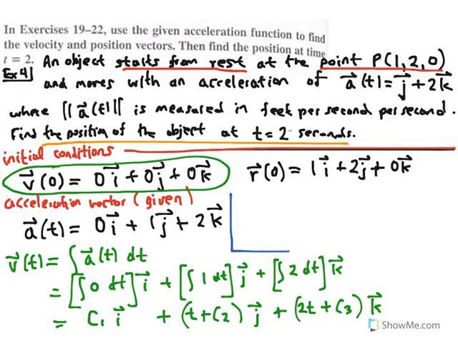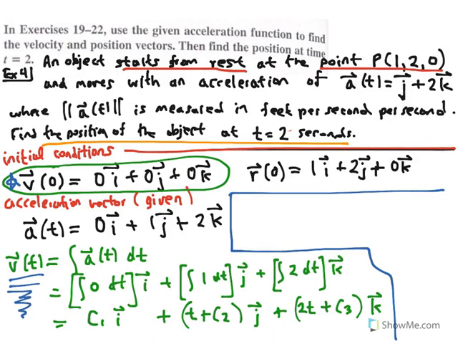My next step, which I will show here to try to keep everything on the same screen, is as follows. I have the velocity function at t. I have an initial condition for the velocity at t = 0. So I'm going to take this function that I just found and evaluate that at t = 0.